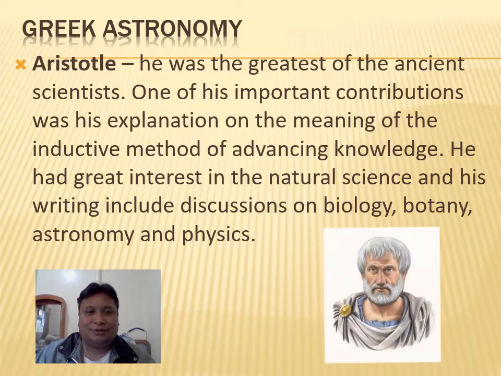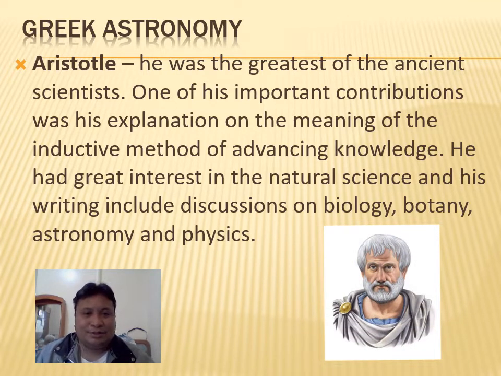One of his important contributions was his explanation of the inductive method as well as the deductive method of advancing knowledge. He had a great interest in natural science. His writings include discussions about biology, botany, astronomy, as well as physics. And that is Aristotle.